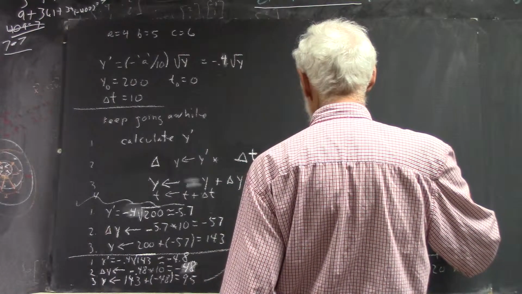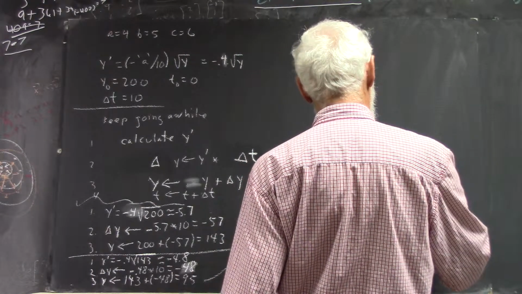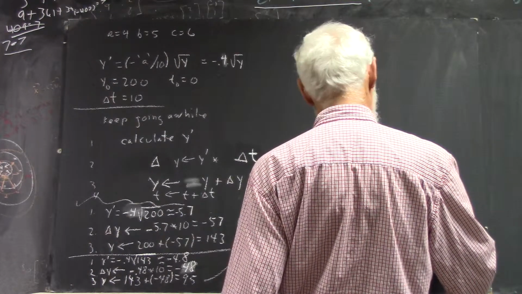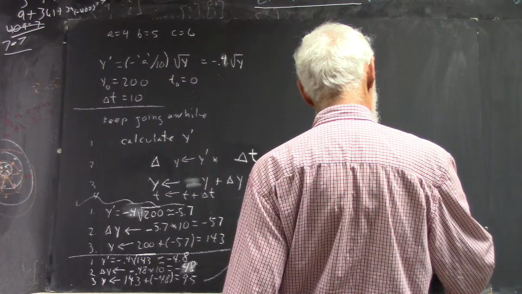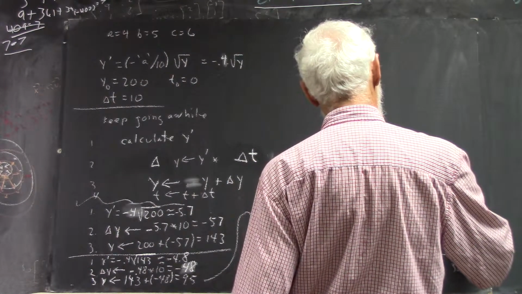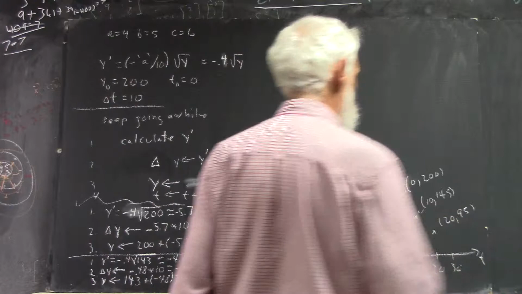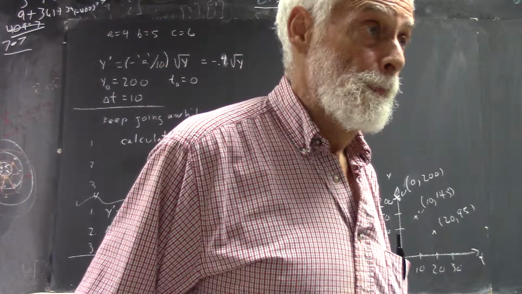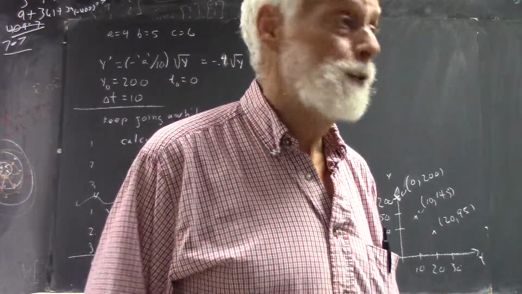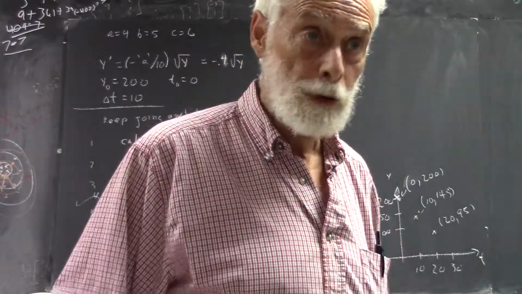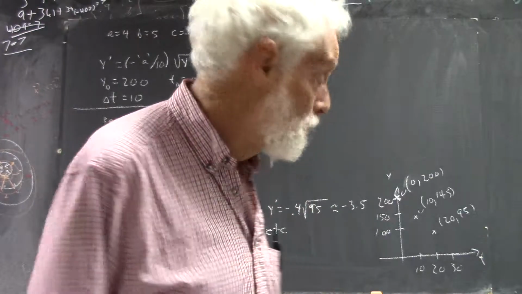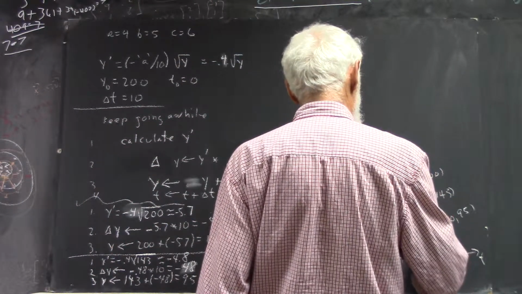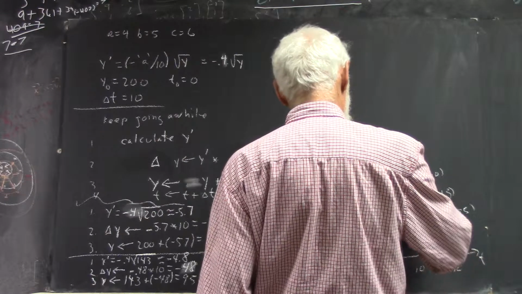This is 10, 143. This is 20, 95. And so on. So I ask you to plot those points. Well, that's easy. Everything here is easy. You just have to know how to read it. The calculations are not going to trouble you at all. It's the process that you're not familiar with that'll give you trouble, if anything does.